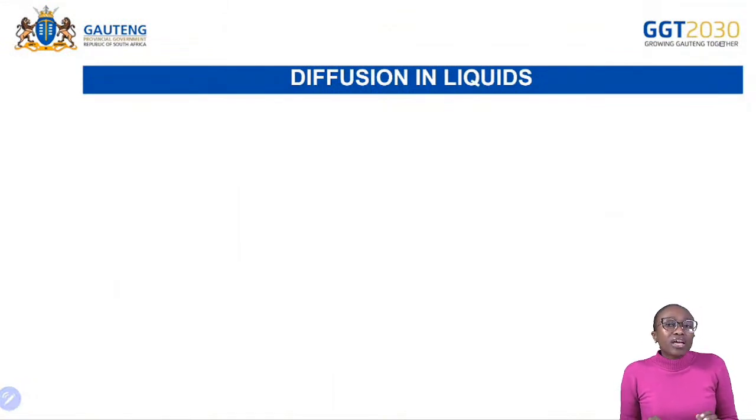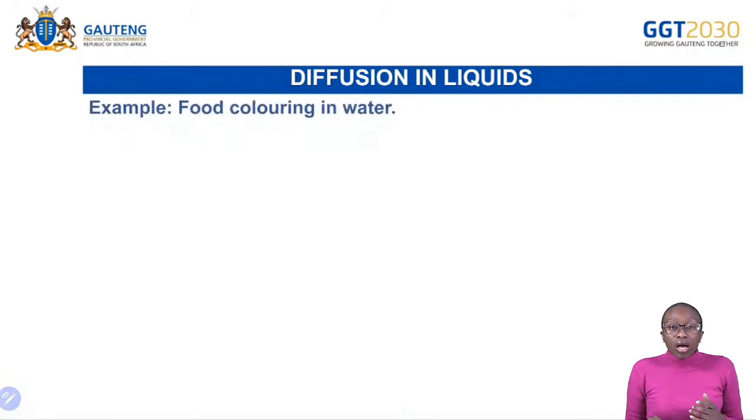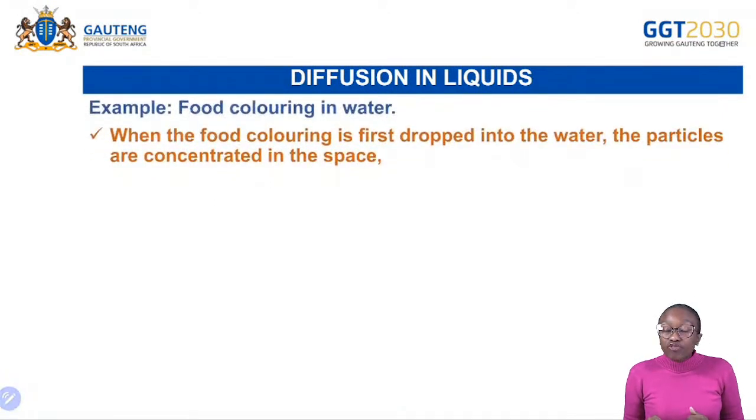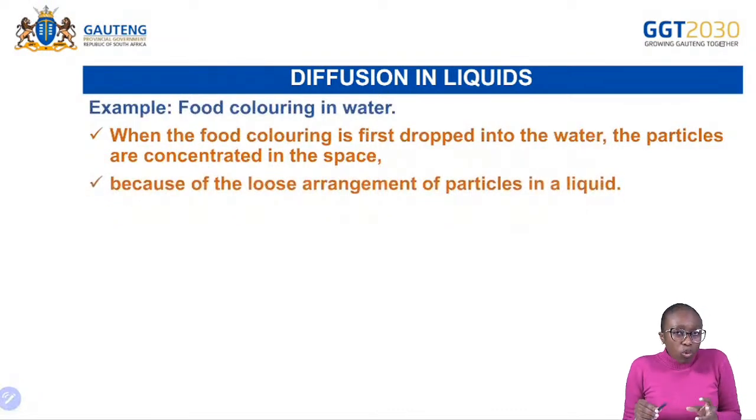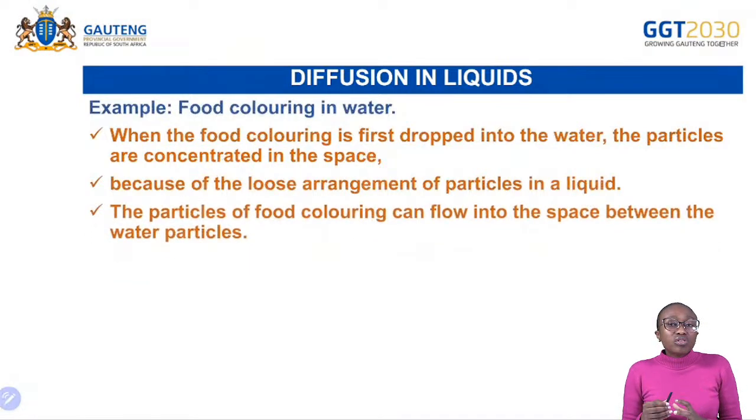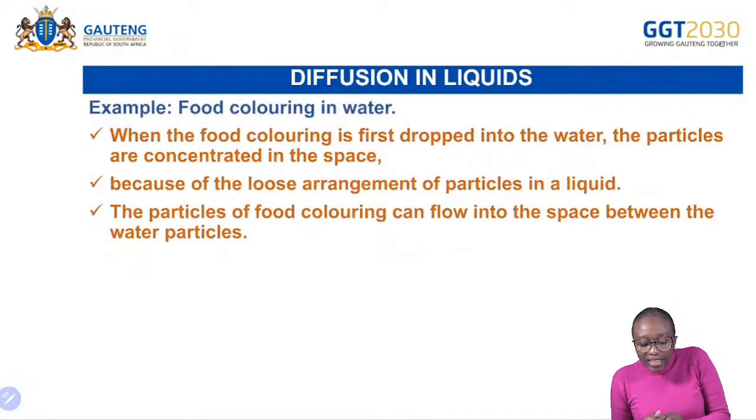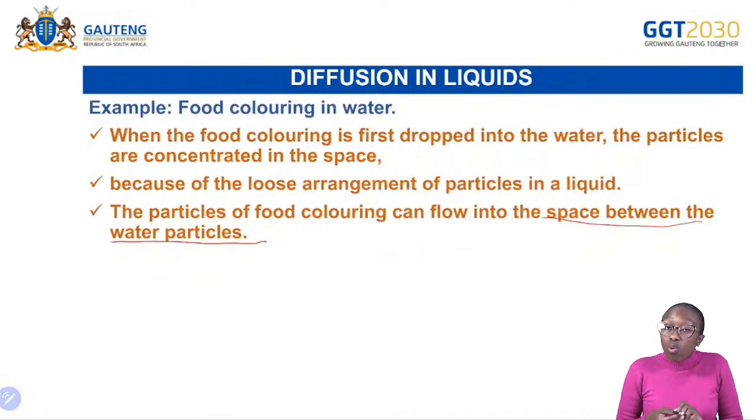Now, what about diffusion in liquids? One example I can give is food coloring in water. When food coloring is first dropped into water, the particles will be concentrated in one particular space. Now, because of the loose arrangement in liquids, the food coloring particles are able to flow in the spaces between the water particles. Remember, there's nothing in the spaces between the water particles.